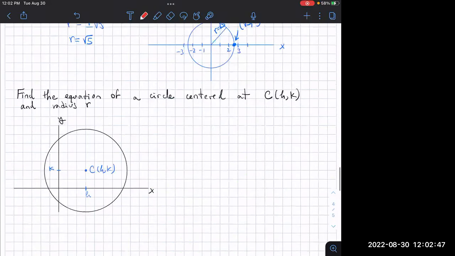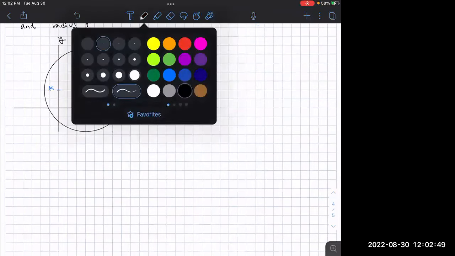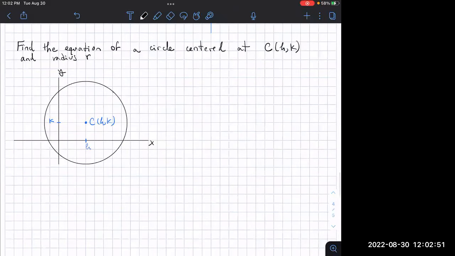So we look at the circle and take any point on it, P with coordinates x, y. If P is on this circle, then the distance from P to the center must be the radius.